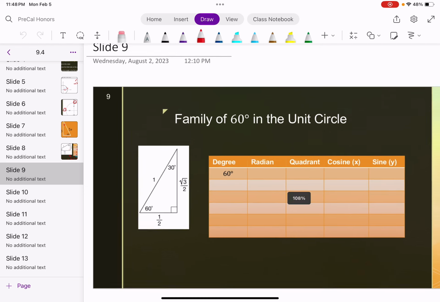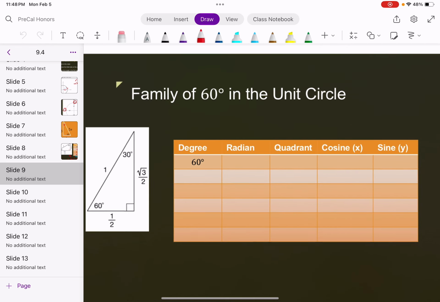So in this case, we're going to start off with taking a look at our degrees. Our degrees here would be 60, 120, 180, 240, 300, 360.